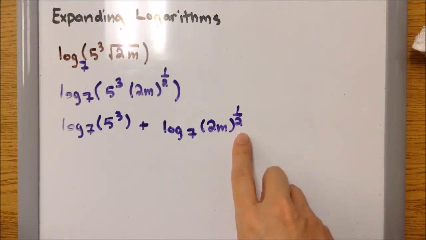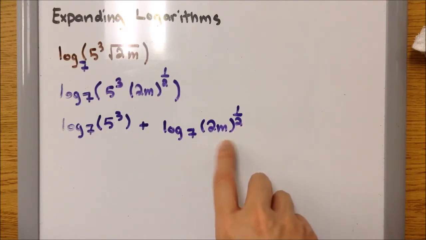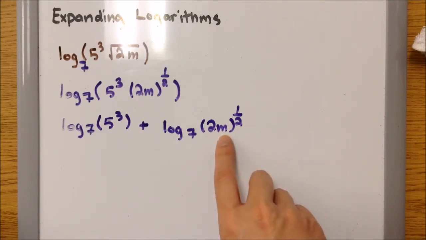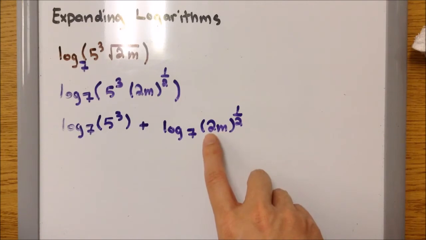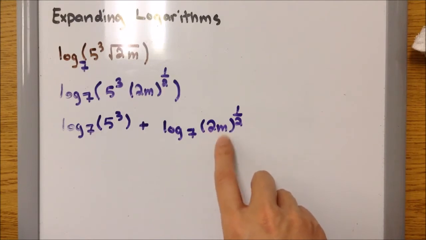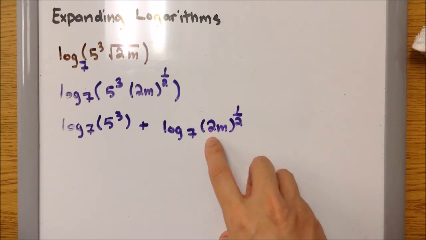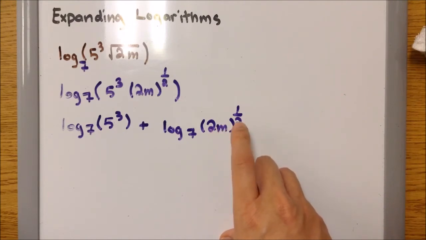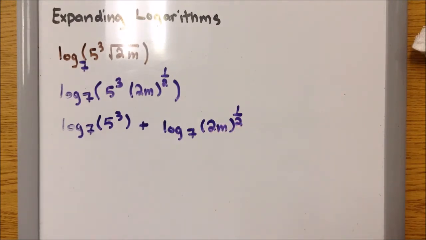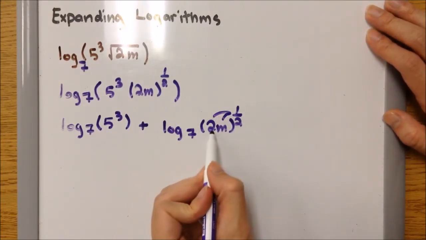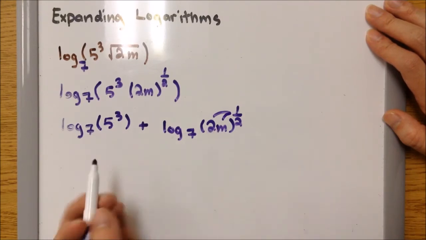The only time we can distribute the exponent to what's inside is when two or multiple objects, a number and a variable, are multiplied by each other. In this case, 2 and m are being multiplied. If that's the case, then it's okay for us to distribute the exponent. But if it's 2 plus m, or 2 minus m, we cannot distribute the exponent. So we're going to distribute to the 2 and to the m because it's a multiplication between 2 and m.